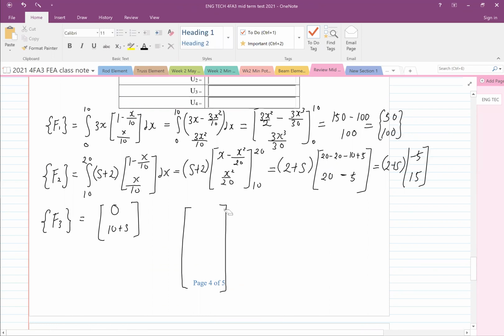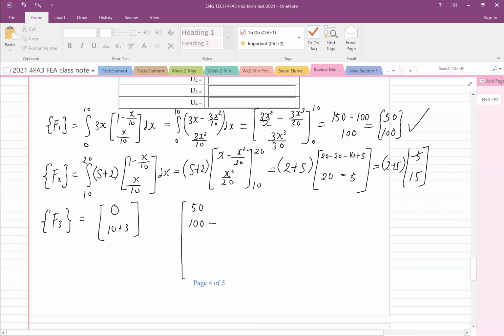Oops, it's a bit tight. Okay, the first force vector is 10, 50, 100. Okay, and then the second one, wait, so we did that one. So that should be same for all students.